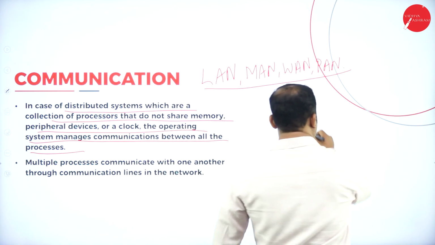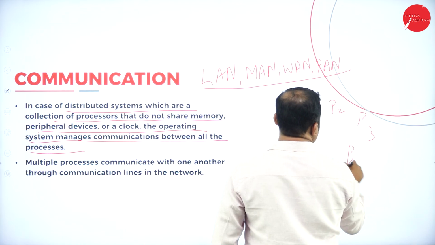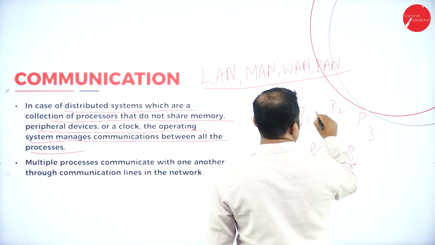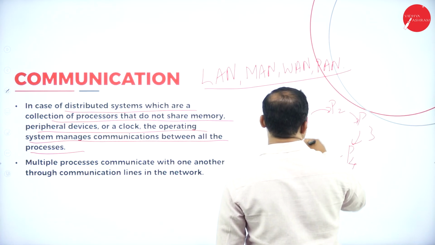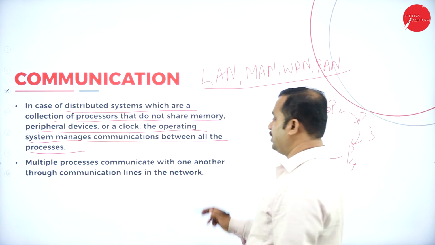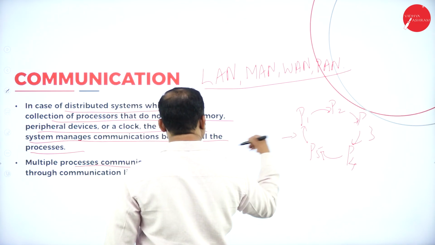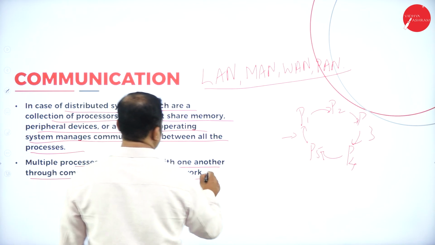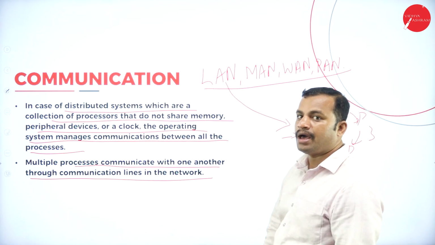Suppose there are processes P1, P2, P3, P4, P5, and so on. The communication between these processes is carried out by the operating system. Multiple processes communicate with one another through communication lines in the network, either through the LAN, the MAN, or the PAN.